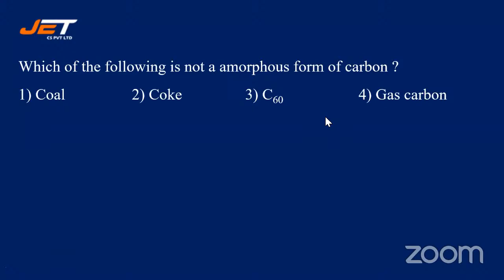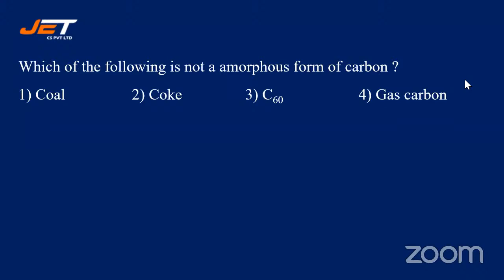Which of the following is not an amorphous form of carbon? Yes, I think you can answer this. Yogita, it is not coke. Coke is amorphous. Shalini, you're right. Gayatri, right. Swapna, right.